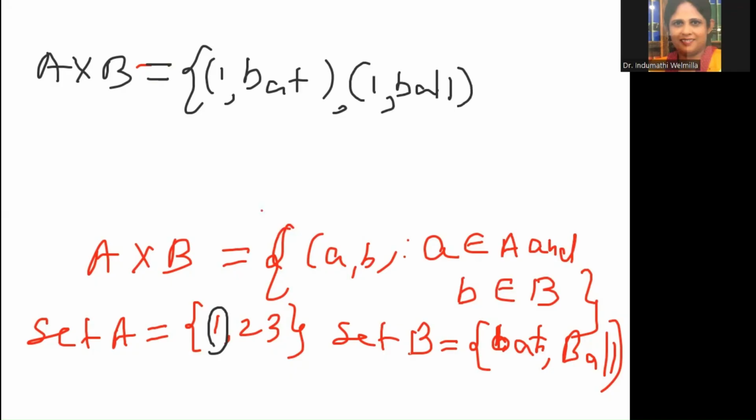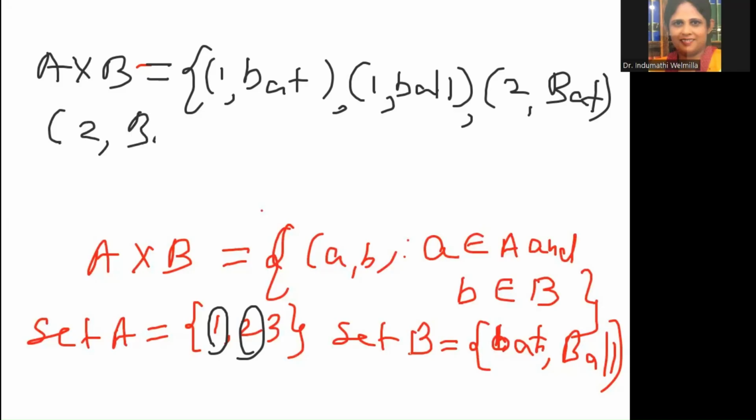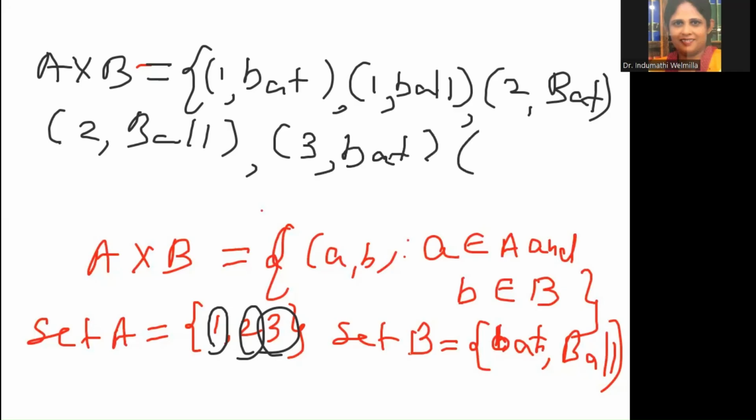The same way, another object we can take from set A: 2 and bat, and one more can be 2 and ball. And for the last object of set A, 3 and bat, and also 3 and ball.